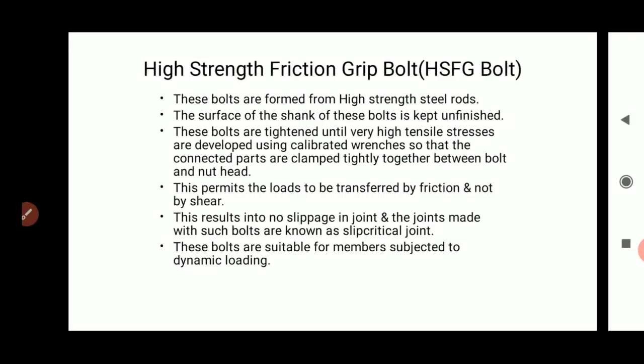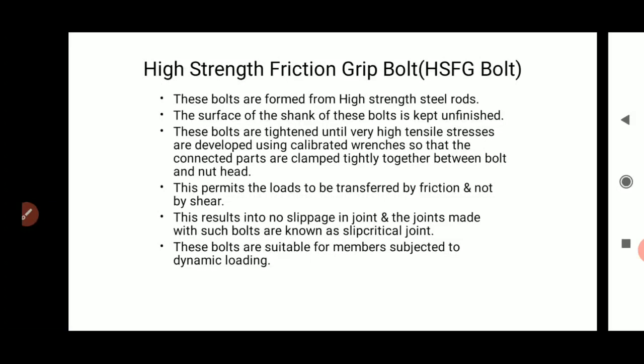Here in case of high strength friction grip bolt, shearing and bearing will not come into the picture. The next point is that this results in no slippage in the joint, and the joints made with such bolts are known as slip critical joints, as the connection is more tight and due to the high frictional resistance between the surfaces of the two plates there will be no slippage between the two plates.